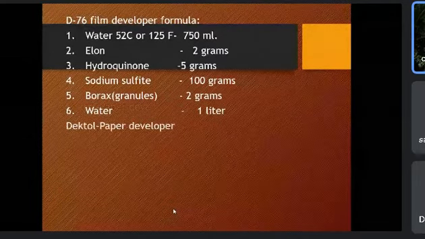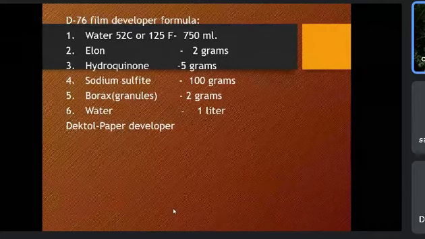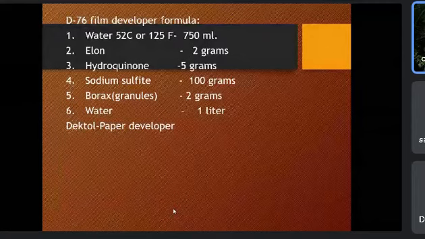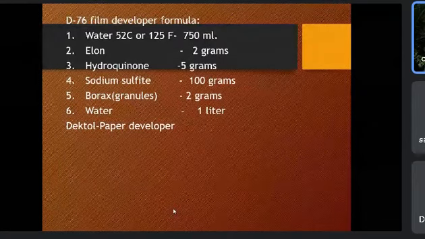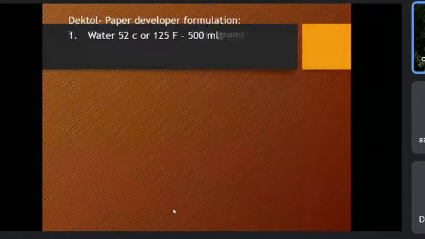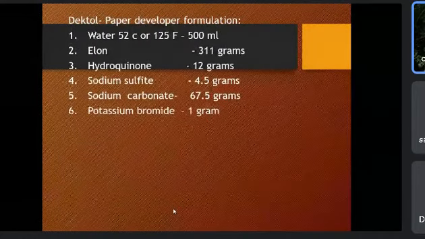The paper developer, guys, is called dictol. It appeared in the board exam. The paper developer is called dictol. Now, these are the formulation.